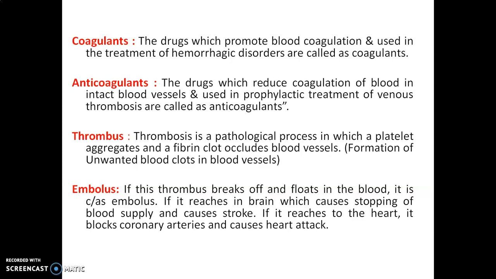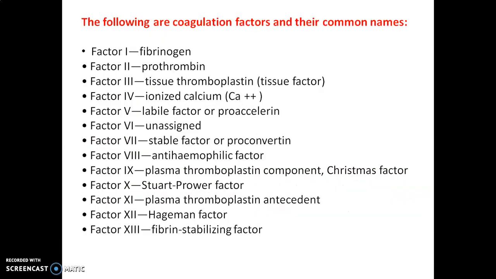If this thrombus breaks off and floats in the blood, it is called an embolus. If it reaches the brain, it can stop blood supply and cause stroke. If it reaches the heart, it blocks the coronary arteries and can cause heart attack also.